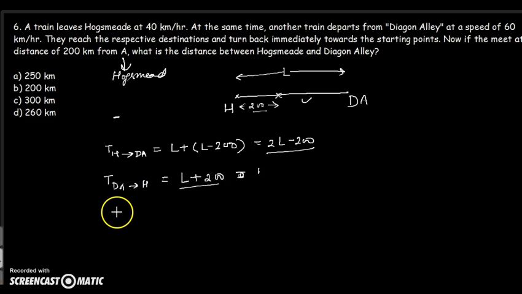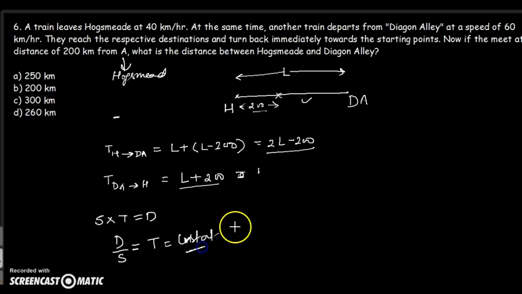Now the time to cover this distance is same for both the trains because they are meeting at a point. That's why if you think about the ratio, d by s is constant, the time is constant, right?